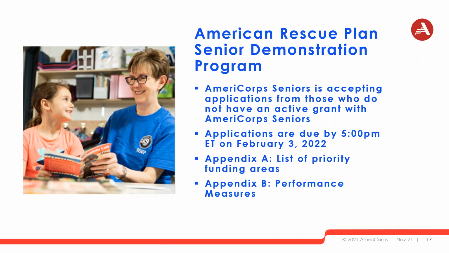So AmeriCorps Seniors will be programming our ARP funding in accordance with Section 231 of the DVSA, which authorizes the Director of AmeriCorps Seniors to make grants to public and nonprofit organizations for the purpose of demonstrating innovative activities involving older Americans as volunteers and for testing whether older American volunteer programs may contribute to new objectives or certain national priorities.